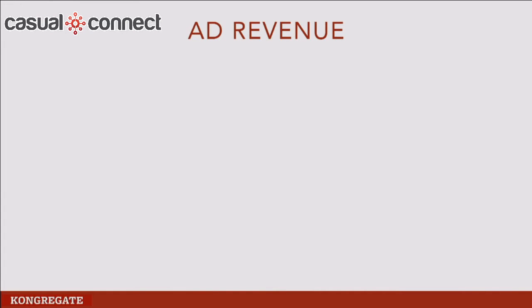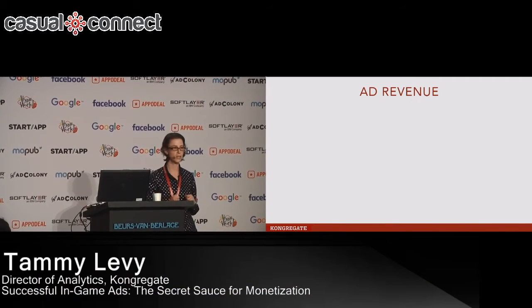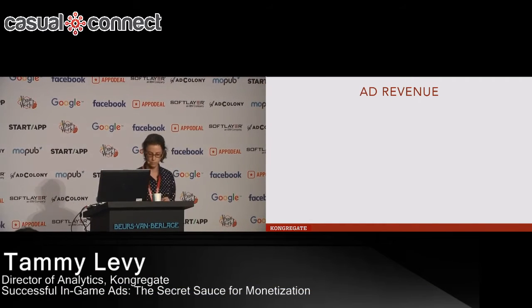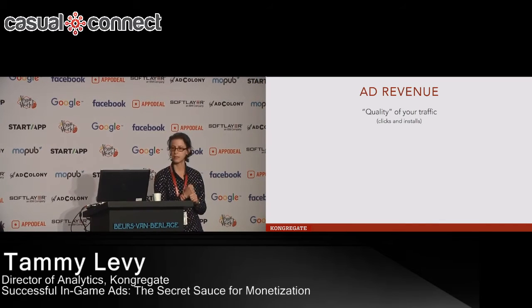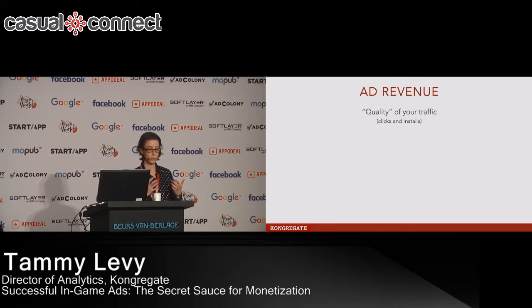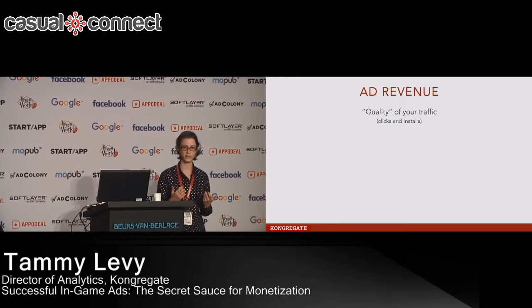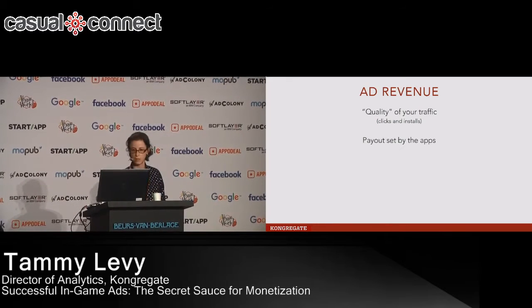Alright, so when we talk about ad revenue, we need to break it down. And it really comes to a few key elements. First is the quality of your traffic. This is how many clicks and installs you will get from your players. So how many people will click and install the apps that are being advertised. We can't really influence this as the game developers.